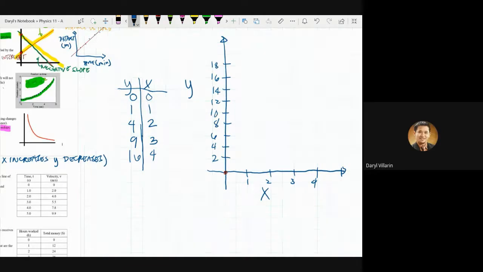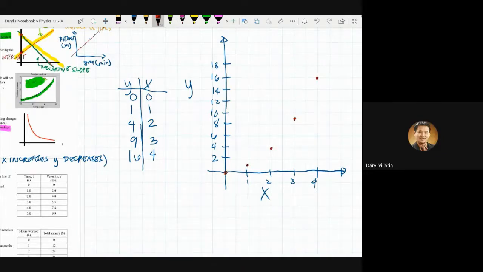Okay. So for 1, it's 1. And then for 2, it's 4. For 3, it's 9. And for 4, it's 16. Okay. So plotting the data points, if you can see, that is not a straight line.